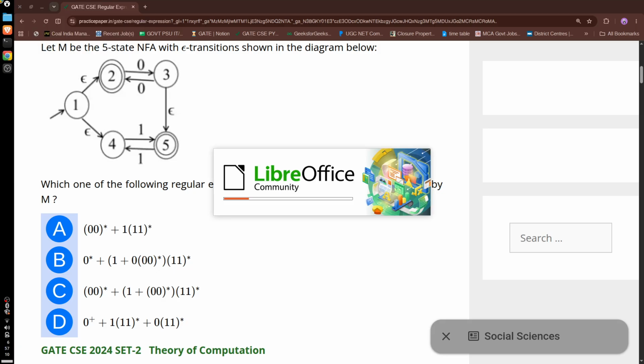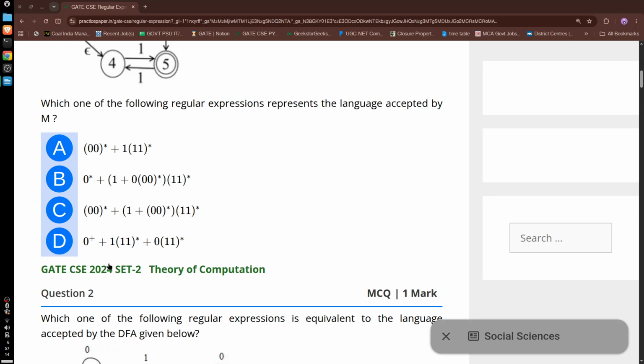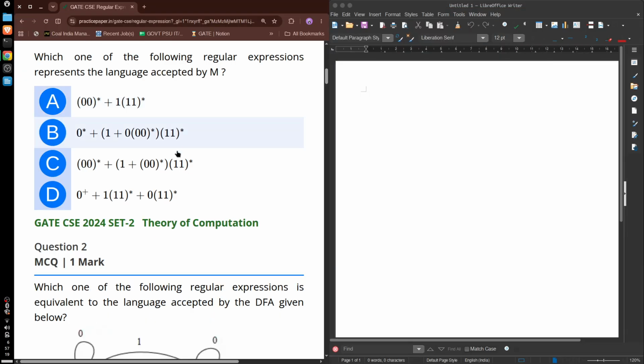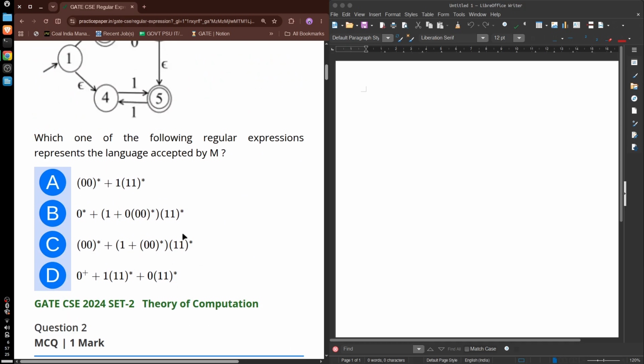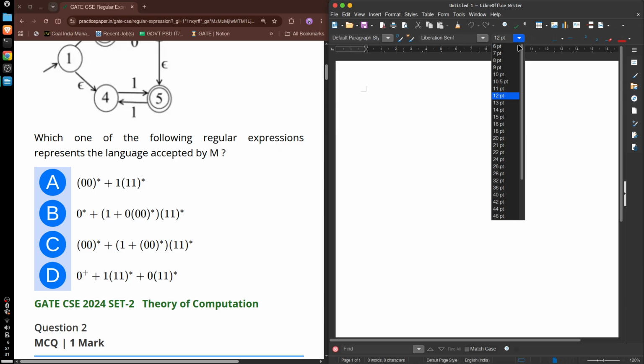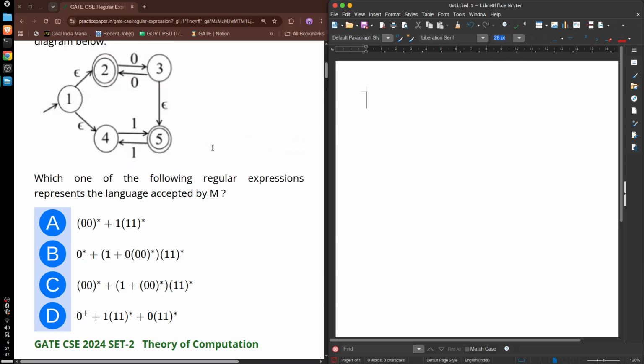As you can see, if a person who was in 2024 knew these two topics, he got 2 or 3 marks, two from this, one from this. And as you know, GATE is very, very hard. If you get 1 mark extra, you can go from thousands ranks to 100 ranks.